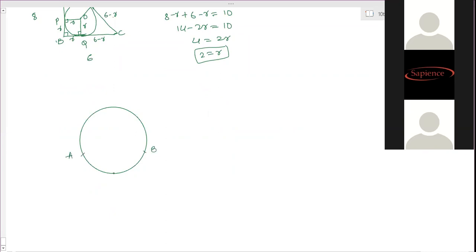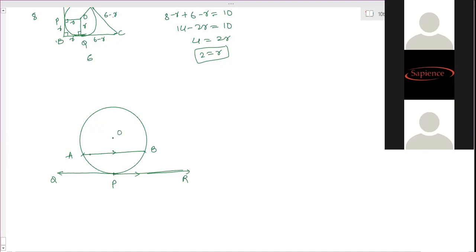The midpoint of the arc is point P. If a tangent QR is drawn at this point, AP and PB are equal. Then this tangent will be parallel to the chord joining the endpoints of the arc. Arc endpoints is AB. So we have to show AB and QR are parallel.